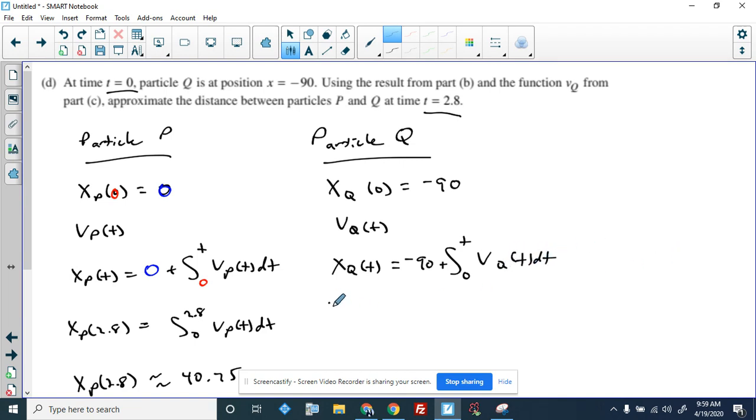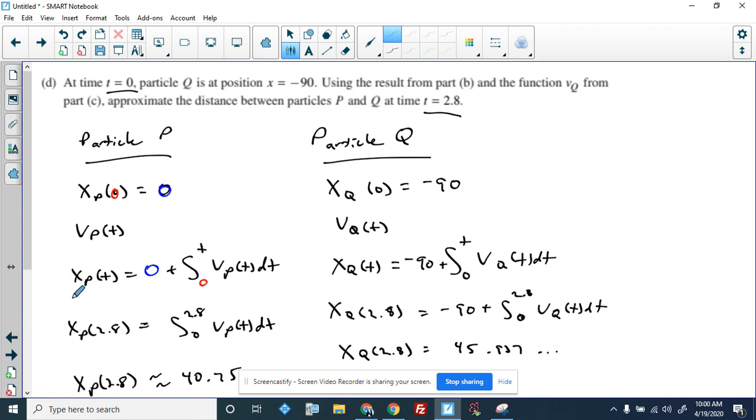Okay, so now if I want the position at 2.8, it would be negative 90 plus the integral from 0 to 2.8 of vq of t dt. Now, again, this was a calculator question, so you were expected last year on this question to do this in your calculator. So when you do this in your calculator, you're going to get 45.937 dot dot dot.